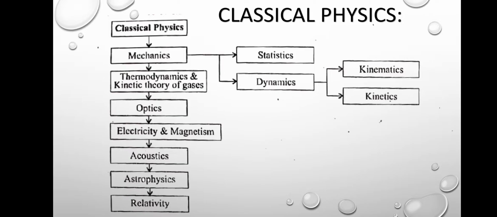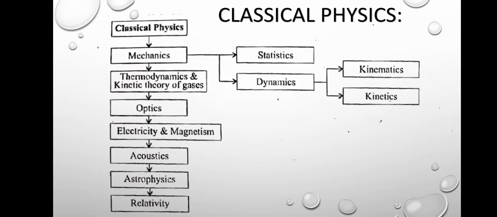So in the macroscopic domain, you have something called classical physics. What are the components that classical physics includes? It includes mechanics. Mechanics means laws of motion, right? All the force, pressure, everything physical comes under mechanics. Then you have thermodynamics and kinetic theory of gases, heat and all of that.